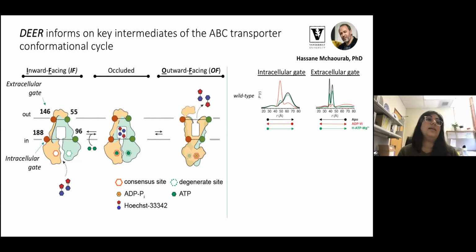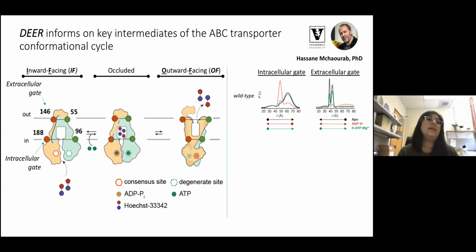And what we see here when we label this intracellular and extracellular gate, you see that there is a propensity for a primary state, but it's usually in the context of substates. So even in the wild type setting, when you look at the apo state, you can see this shift to an inward open, but you do sample these high energy states that have some slightly different interatomic distances that correspond to either occluded or outward facing.